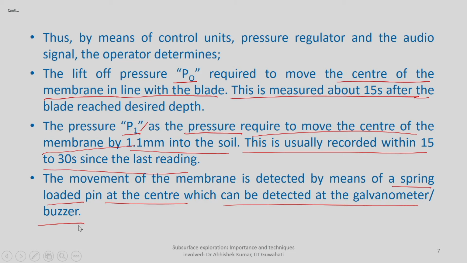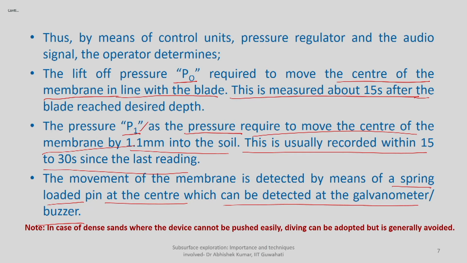Every time the membrane moves, either in line with the blade or away from the blade, some maximum displacement has been fixed, after which the buzzer will be turned on. When the buzzer is turned on, you understand this is the maximum pressure required to bring the membrane in contact with the blade, or for 1.1 mm deflection of the membrane towards the soil. So two pressures are required.